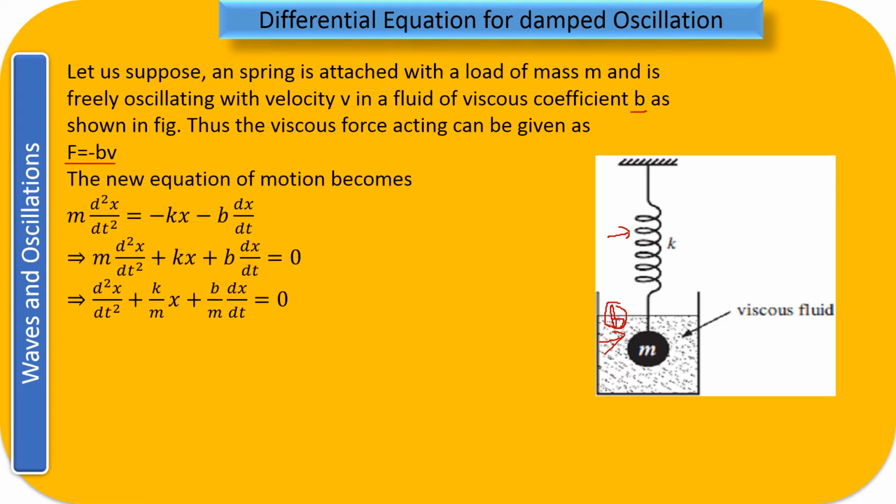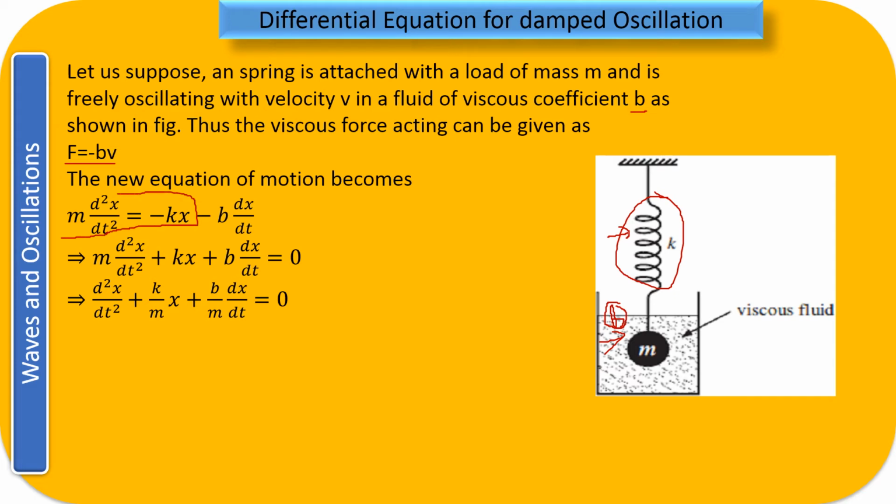So what will be the differential equation? Now here again we have to apply Hooke's law. We have already seen, first you apply it on this spring system, right? On this spring system we had calculated m d square x upon dt square is equal to minus k into x.